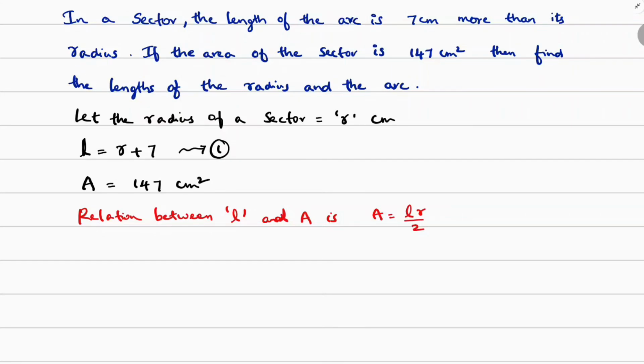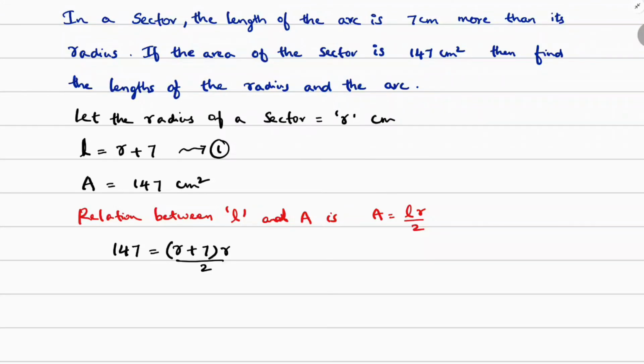A equals LR by 2. Now if I'll substitute the values in that, 147 equals length is R plus 7, into radius, again it is R, by 2. So here 147 equals R plus 7 into R by 2.